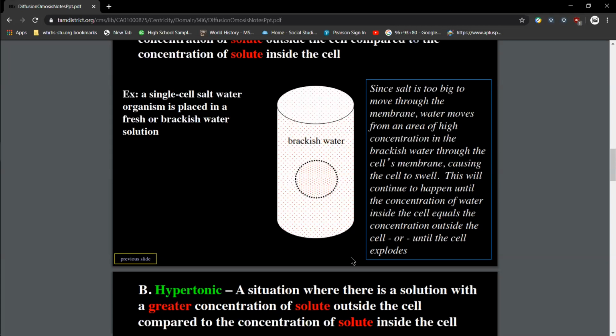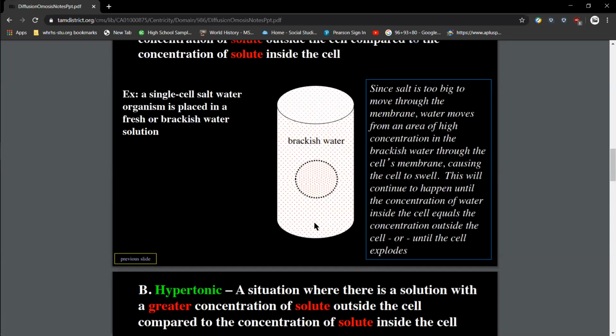Why does this occur? This is because water is in a higher concentration out here and a lower concentration over here. That's actually the opposite of salt. Salt was higher concentration in the cell, lower concentration out of the cell.